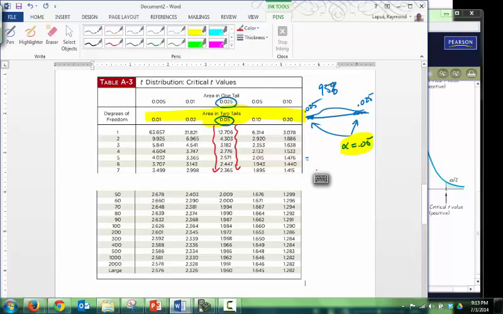Our n is equal to 106, so our df would be 105.